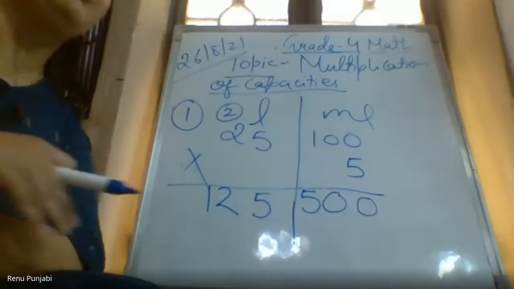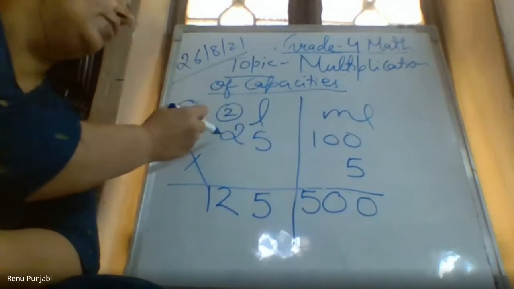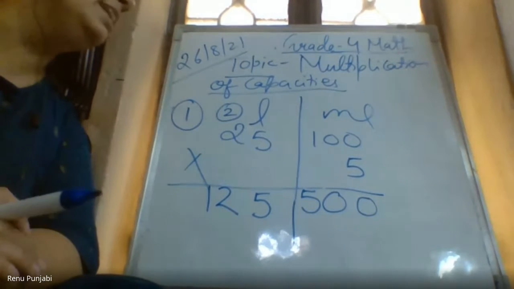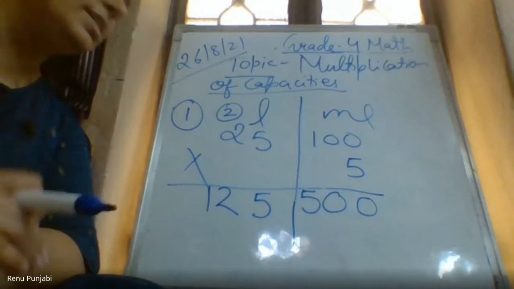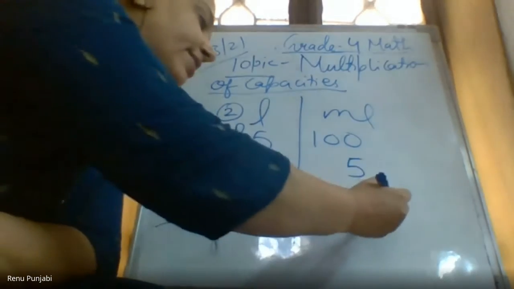So the capacity of 5 water bottles: one water bottle capacity is 25 liters, 100 milliliters, so the capacity of 5 bottles is 125 liters, 500 milliliters.